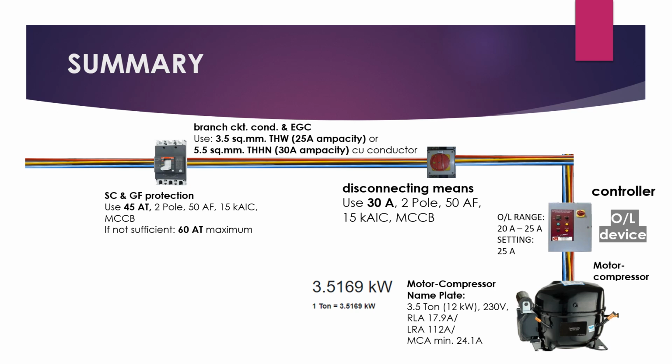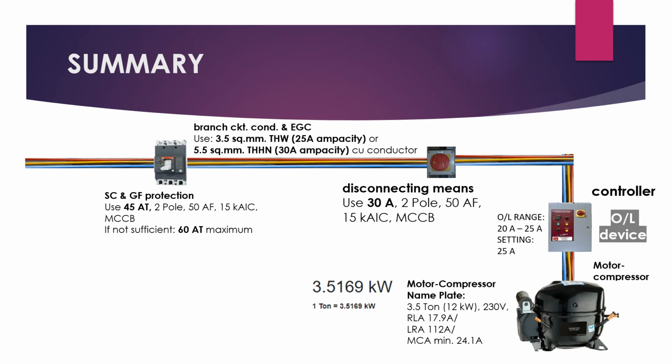So if, for example, you are using the minimum conductor of 25 ampere ampacity, the overload will operate and it will protect the circuit. Also, the disconnecting means is just enough. It is having a 30 ampere ampacity. So either you will use the conductor 25 ampere ampacity or 30 ampere ampacity, the disconnecting means still works.